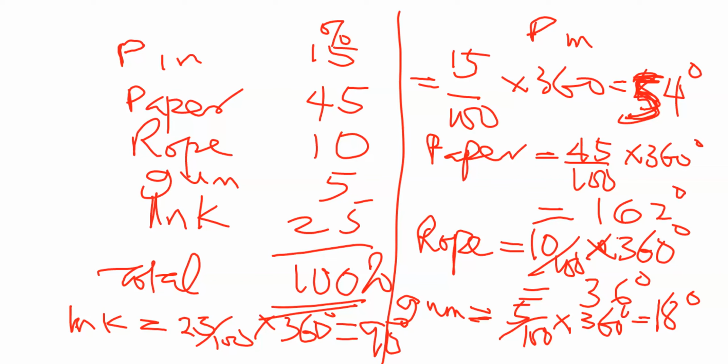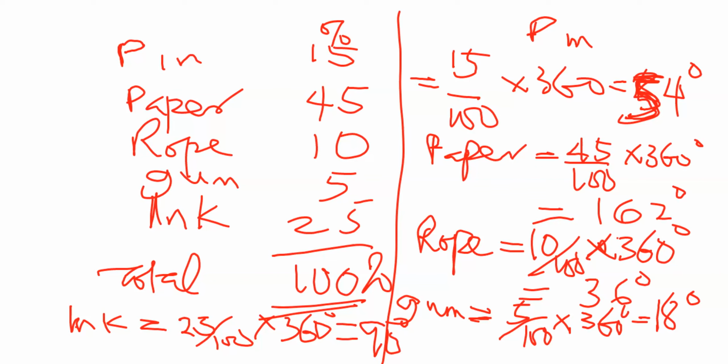So rope is 36. It's going to be 36 for rope plus 18 for gum plus 54 for pin. Good. So rope is 36, gum is 18, pin is 54. You add the three together, and that becomes the answer to Roman figure 2.